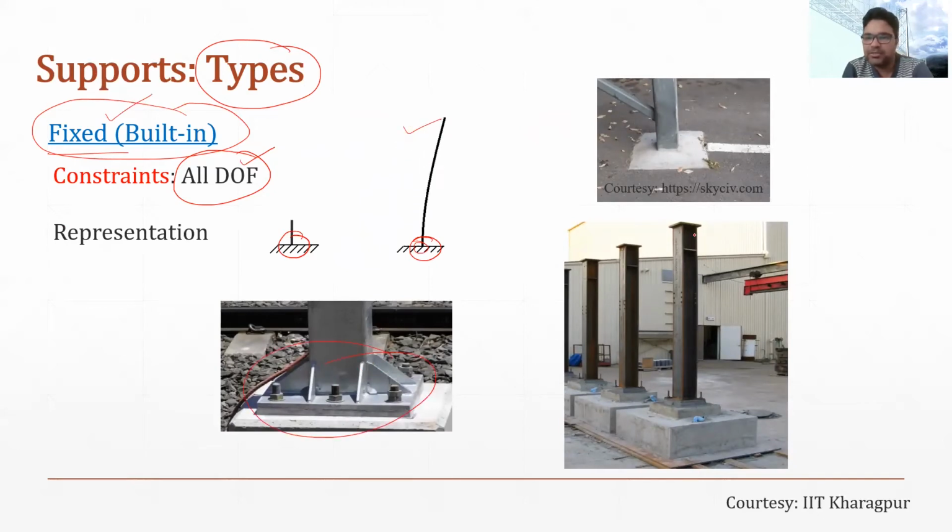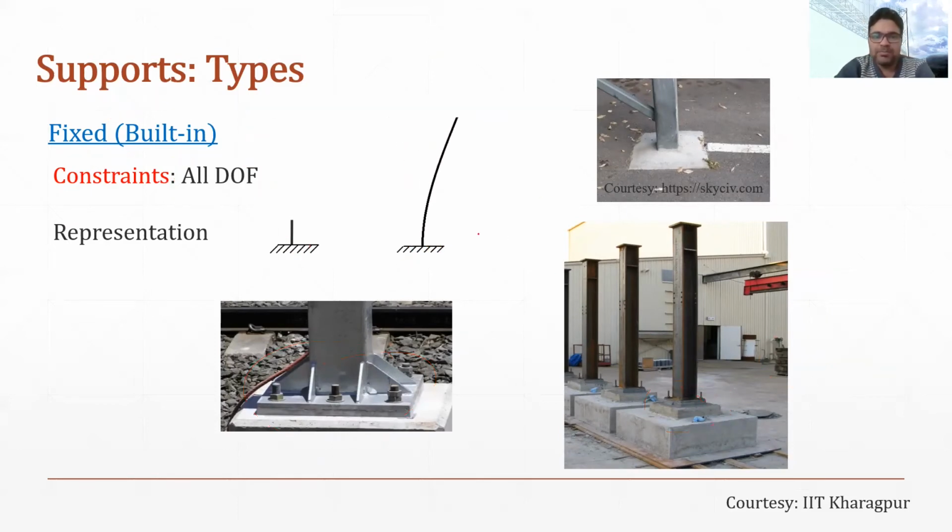In this case, you can see there is a column, and this column is connected with the foundation. This joint will be considered a fixed support, which means there will be zero movement. It will not move down, left or right, and it will not rotate about any axis. Such a support is known as a fixed support.